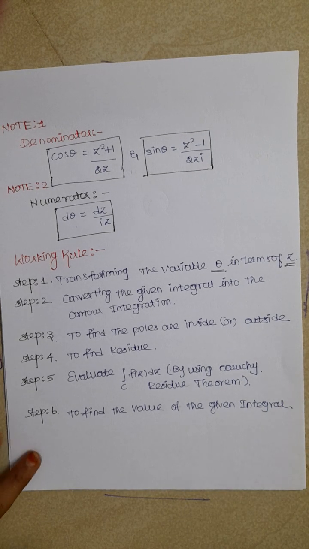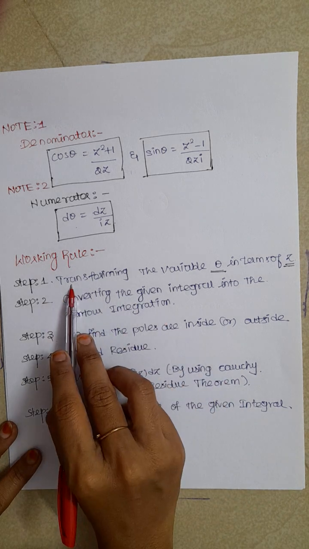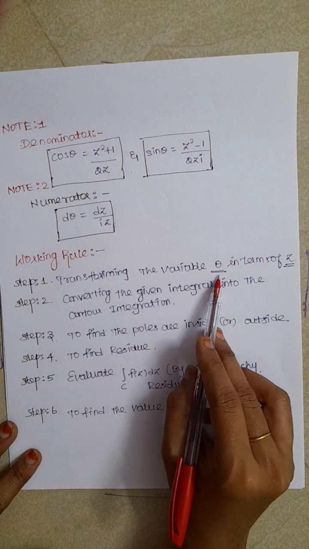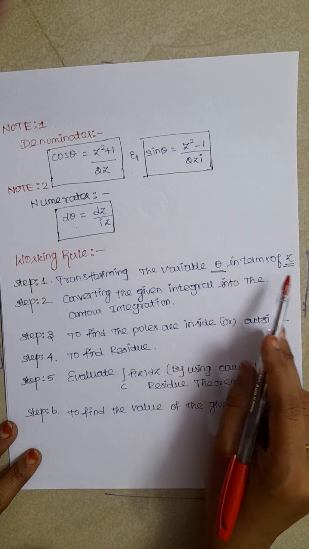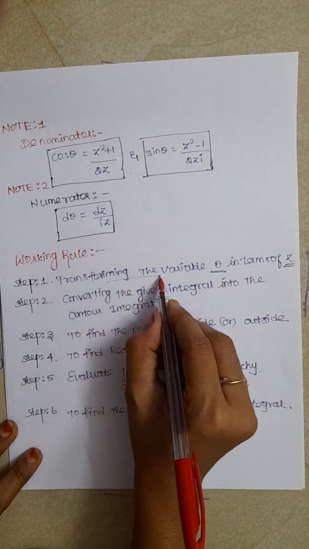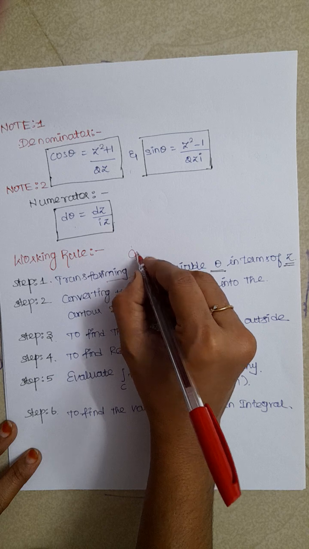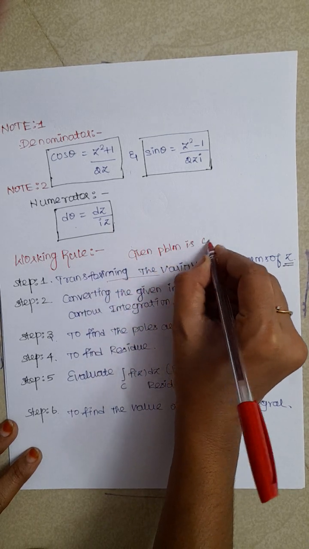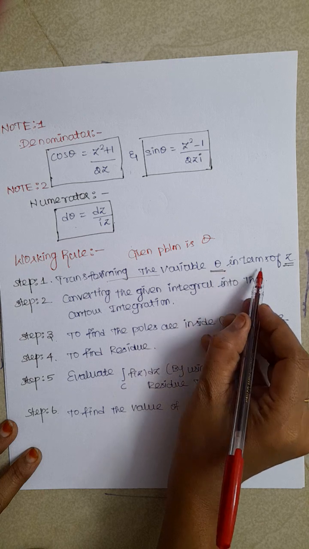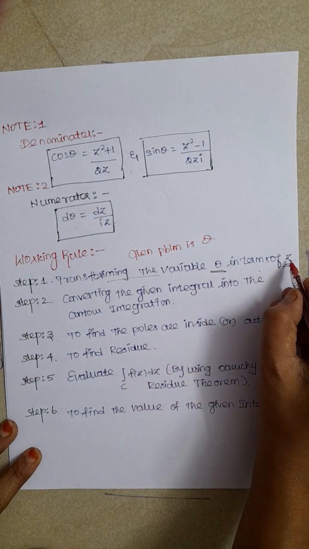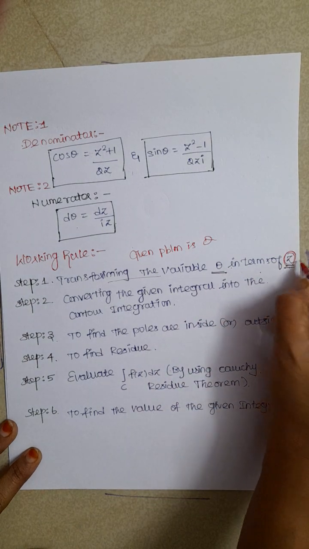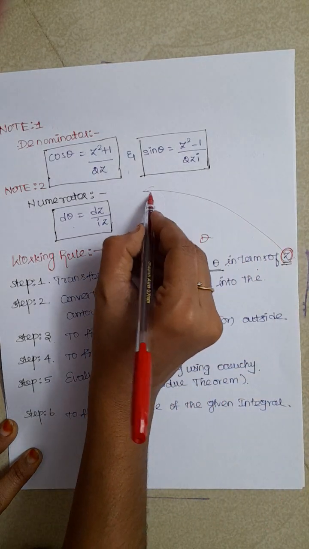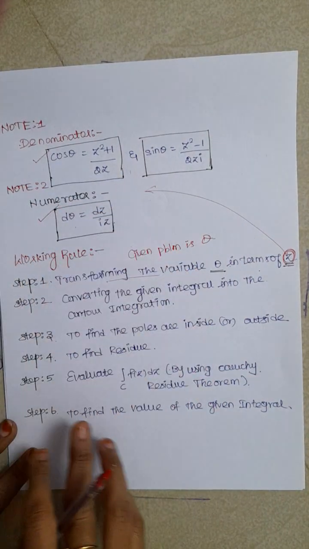Okay, so let's discuss step by step. First one, transforming the variable theta in terms of z. It means that the given problem has theta, and you can convert it in terms of z by using note number 1 and note number 2.